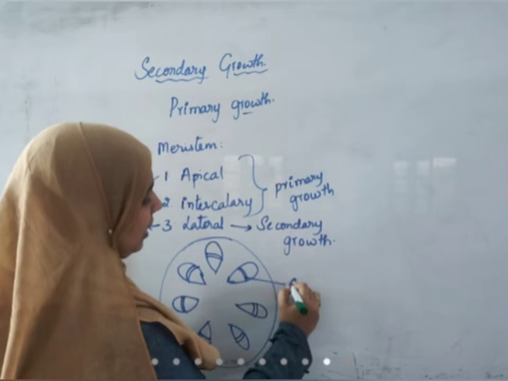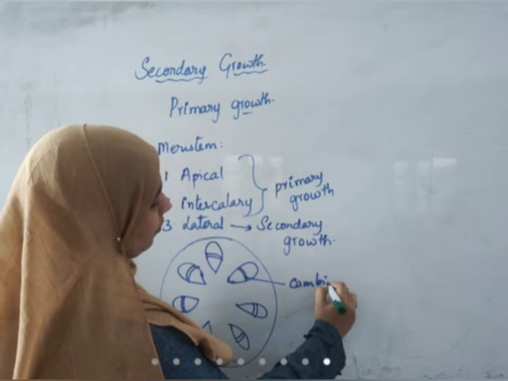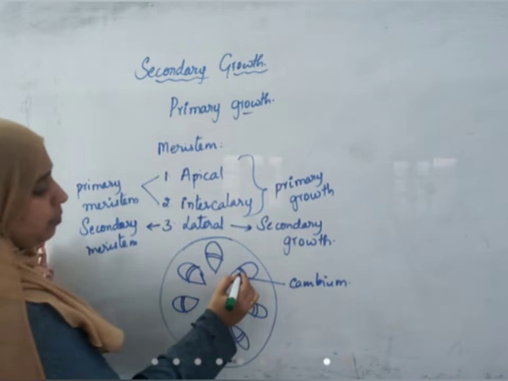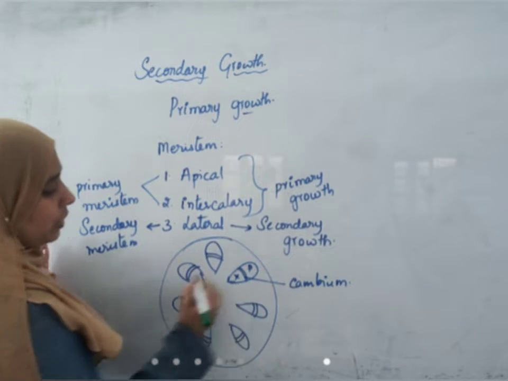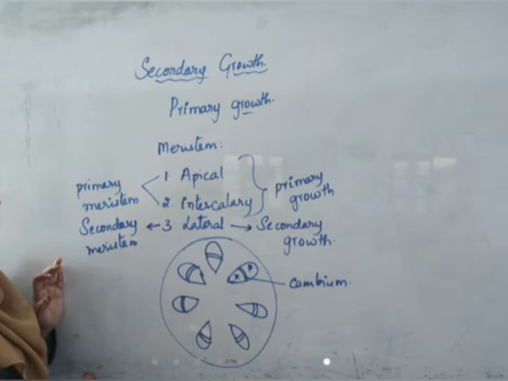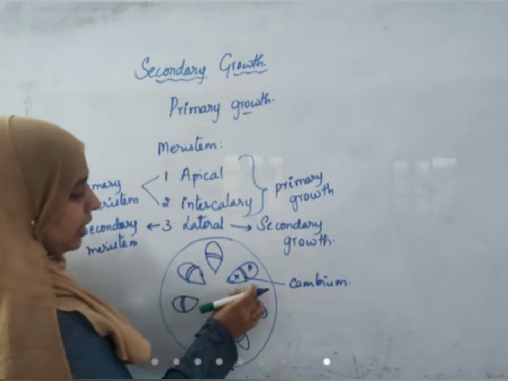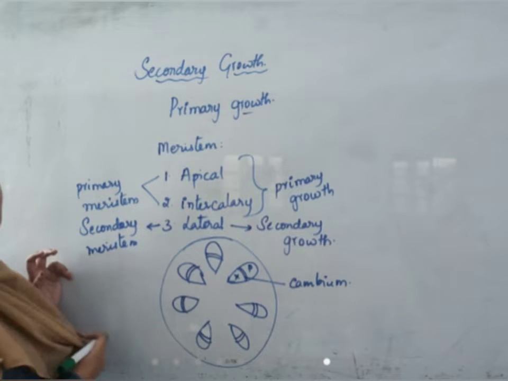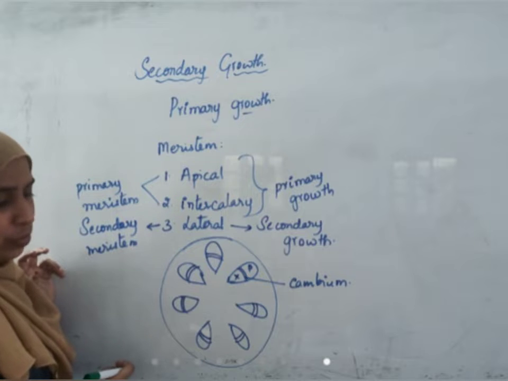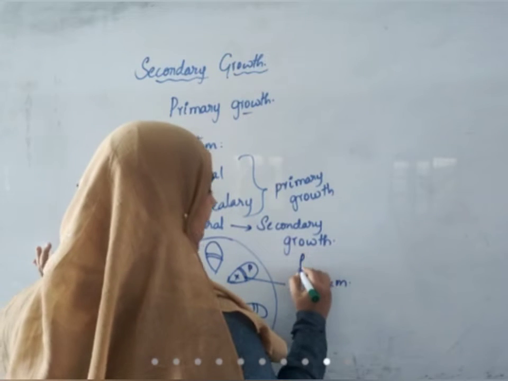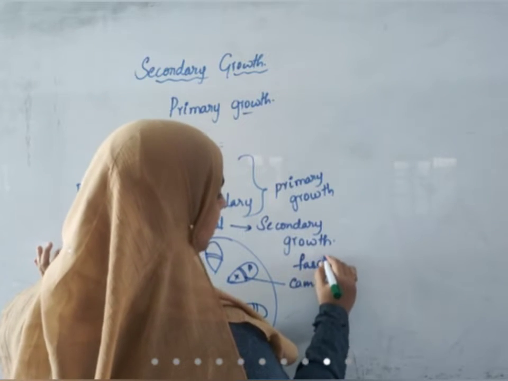So this is a cambium tissue. Where is it present? Between xylem and phloem. This cambium, which is present between xylem and phloem, is called fascicular cambium.